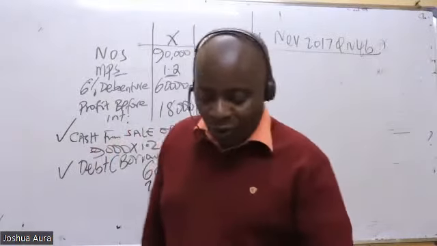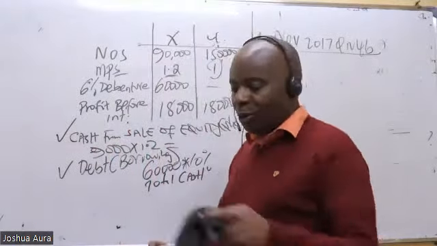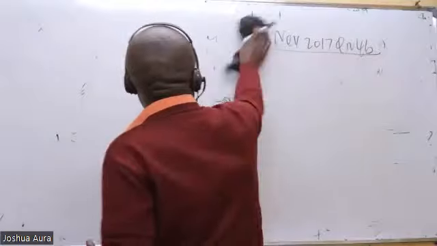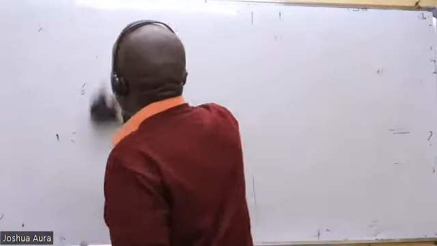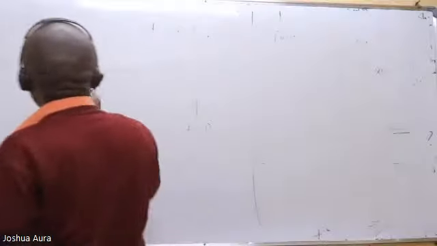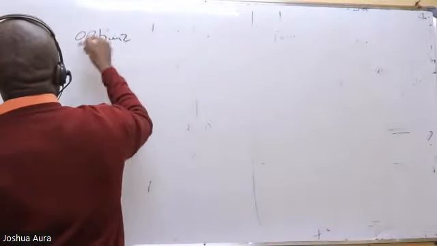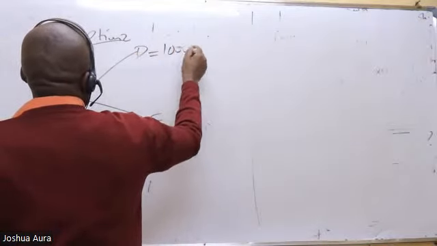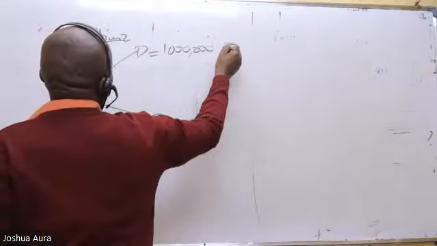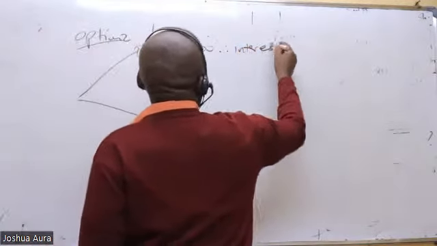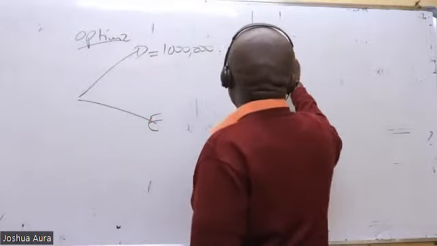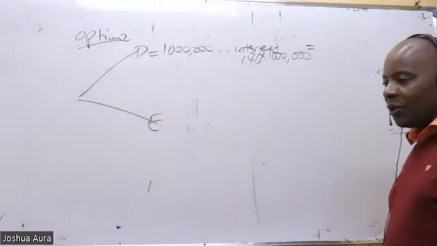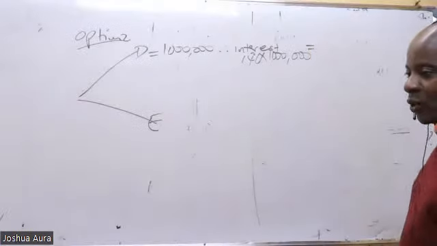So for option number 2, I can see debt, I can see equity. For debt, I can see 1 million. Therefore, the interest they have told you is 14%. So 14% of 1 million gives me how much in terms of interest? Interest on bond, yes, it's 140,000.